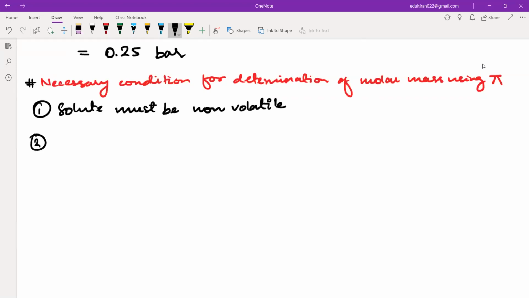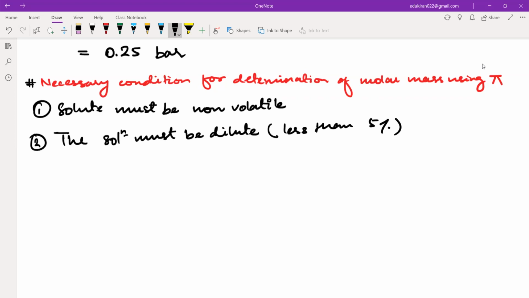Second point, the solution must be dilute. The concentration should be less than 5% W by W.